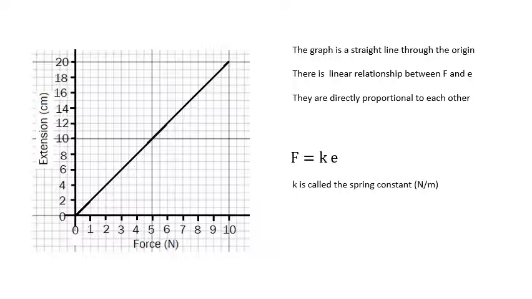And the relationship is F equals KE. K is a constant, and it's a property of the spring, and it's called the spring constant. If you look at the equation, K would be F over E, so K would be measured in newtons per meter. So little k is the spring constant measured in newtons per meter.